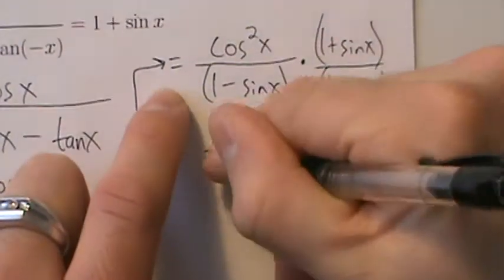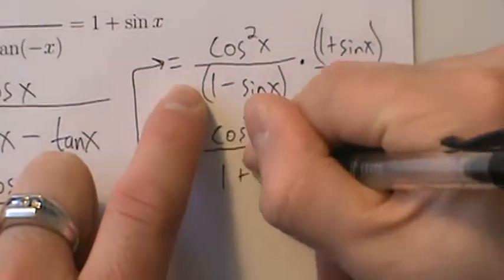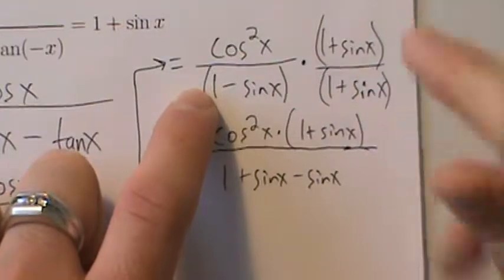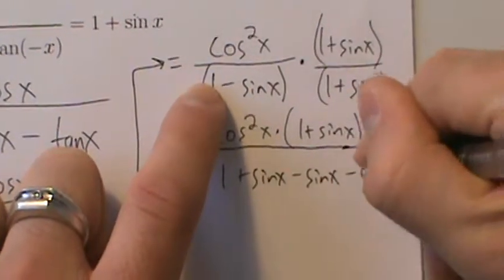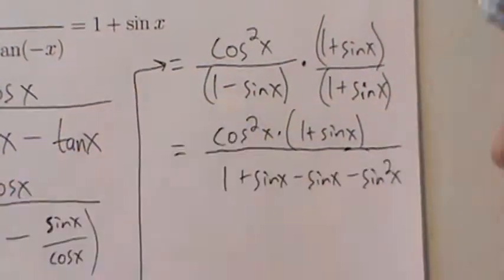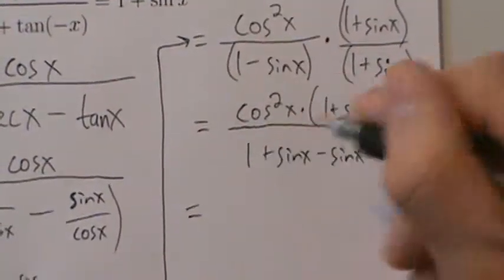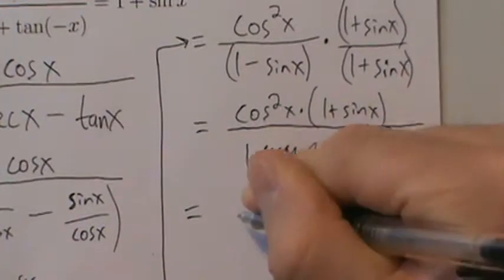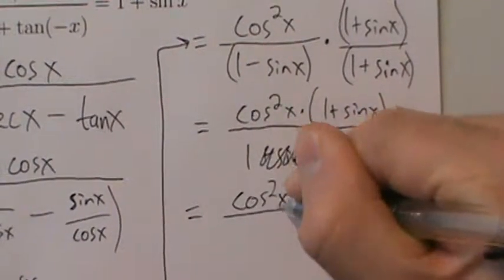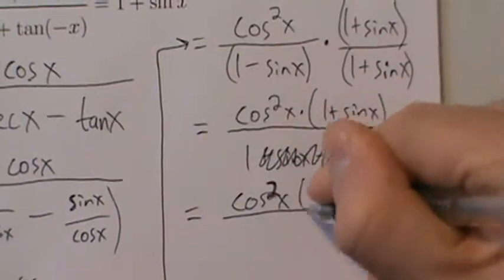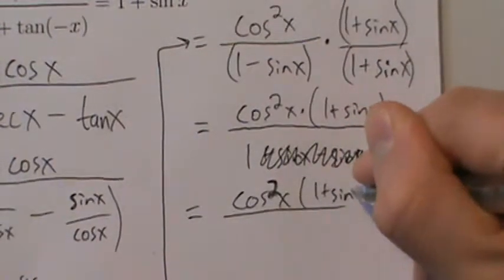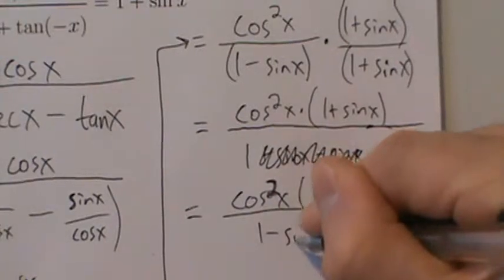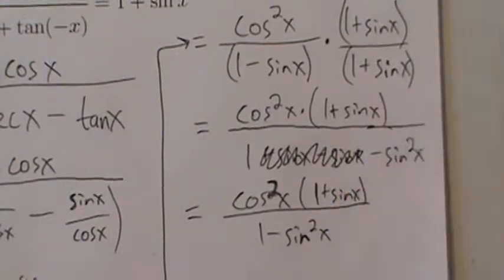First, 1; outer, plus sine of x; inner, minus sine of x; last, minus sine squared of x. So plus sine of x minus sine of x cancel. What we have is cosine squared of x times the quantity 1 plus sine of x, all divided by 1 minus sine squared of x.